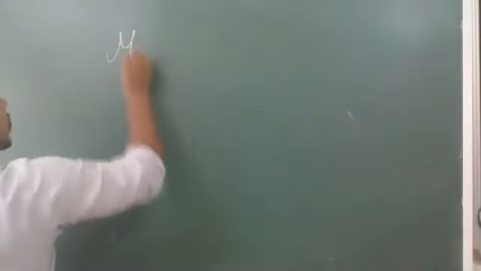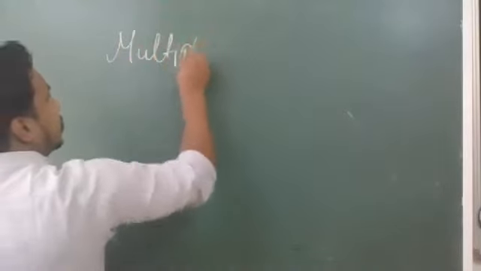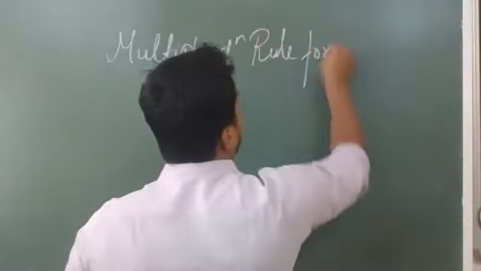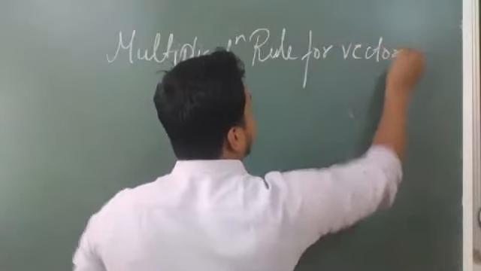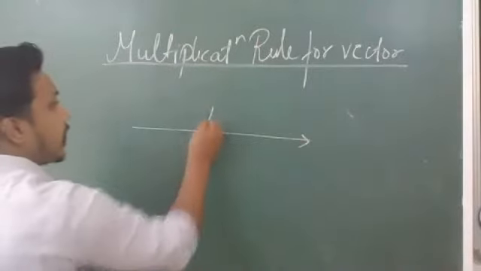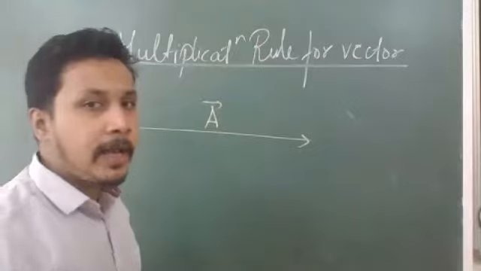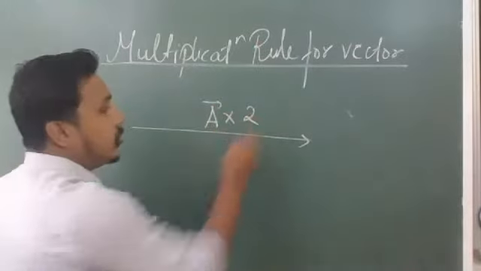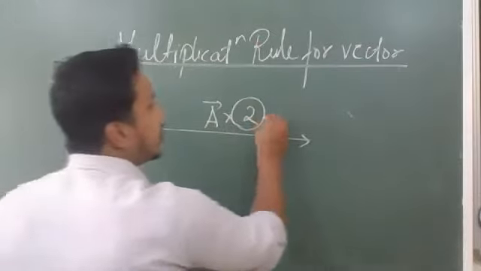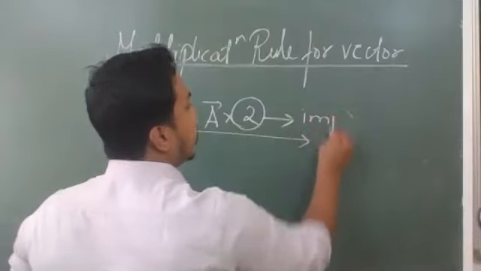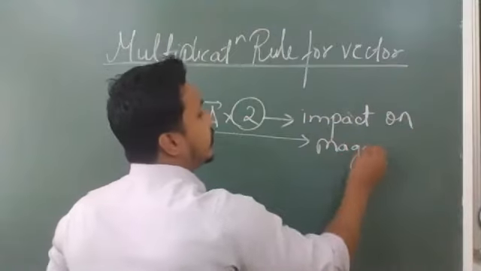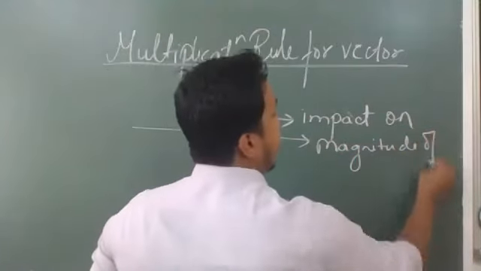Now the multiplication rule is very simple. Suppose I have some unknown vector, let's say a, and I multiply this vector a by 2. That is a real number. This 2 will have an impact on the magnitude of a.